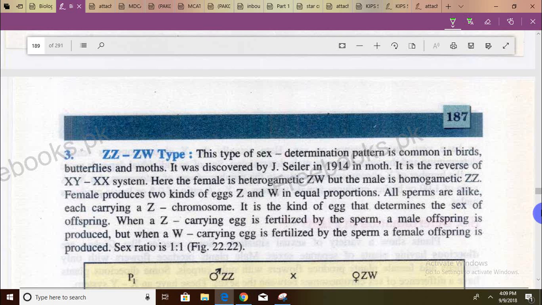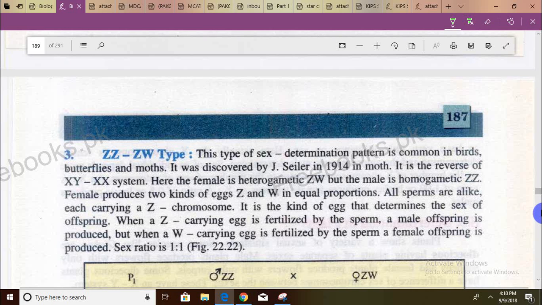Here the female is heterogametic, so ZW is the female and is heterogametic. But the male is homogametic, ZZ. So in these species, it is actually the female, the egg, which determines the sex of the child.